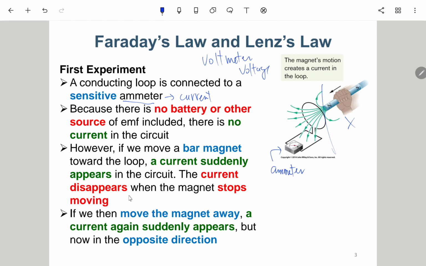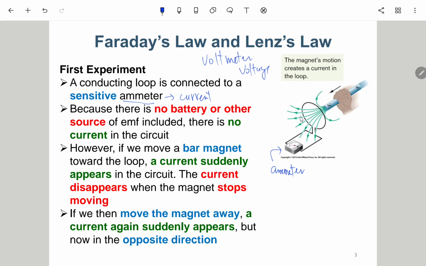For the third step, we consider this magnet bar. At the beginning, this magnet bar is far away from the loop, and then we move it closer and closer to the loop. Something we need to pay attention to is the direction.